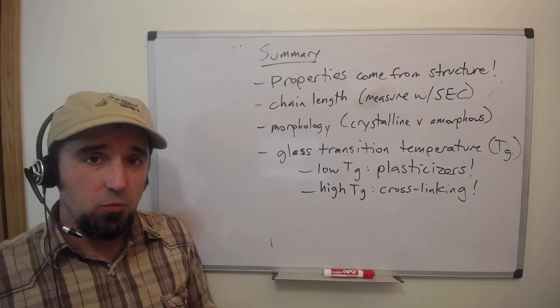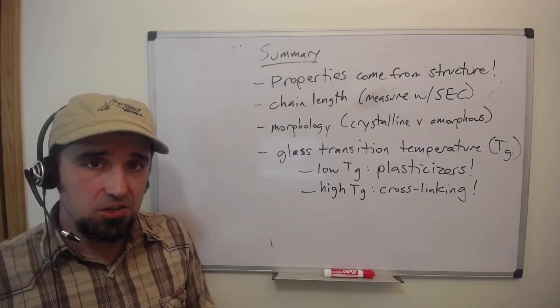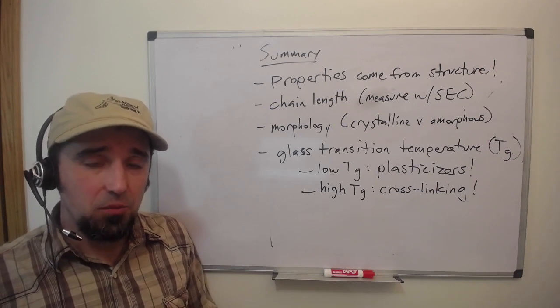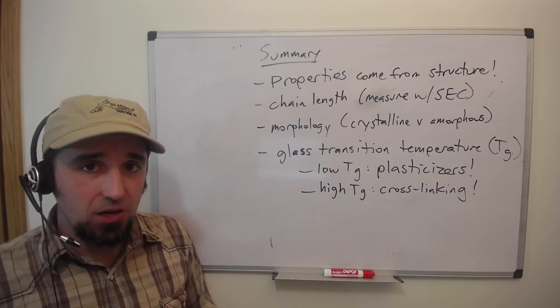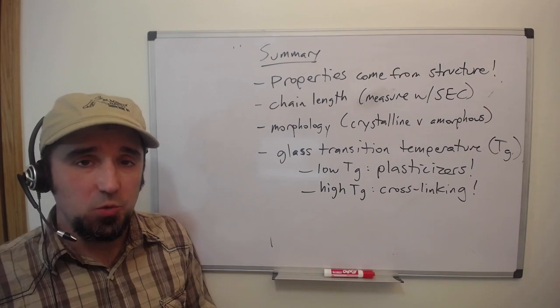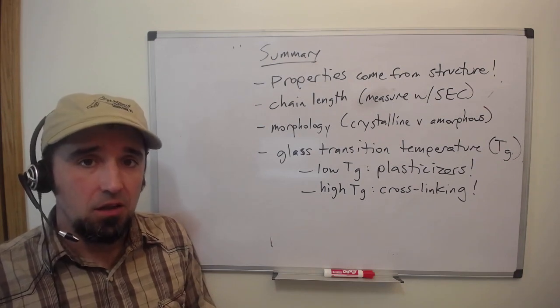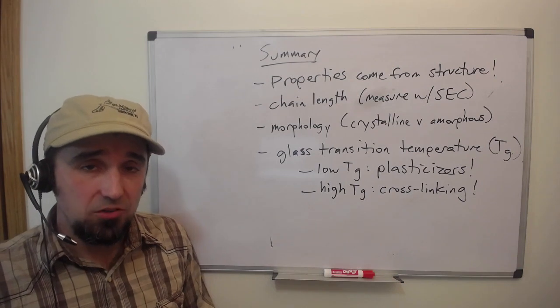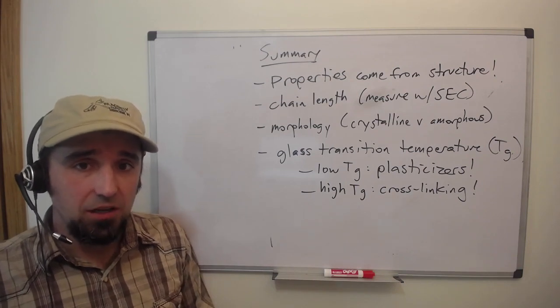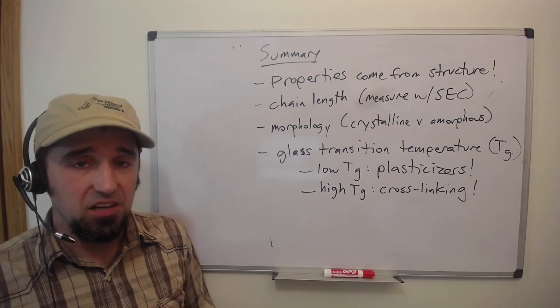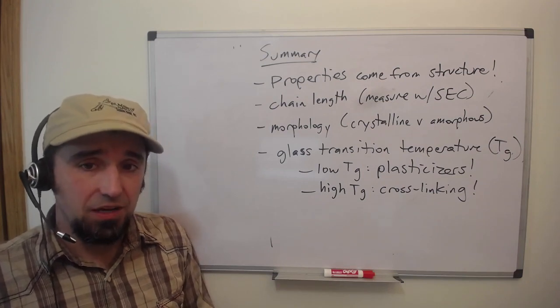To summarize, we can design our molecular structure in such a way to get the properties that we want. Some of those microscopic design criteria might be chain length, which we can measure with SEC, size exclusion chromatography. It might be morphology, trying to strike a balance between crystalline polymers, which are strong but might be inflexible, and amorphous polymers, which are flexible but not strong.